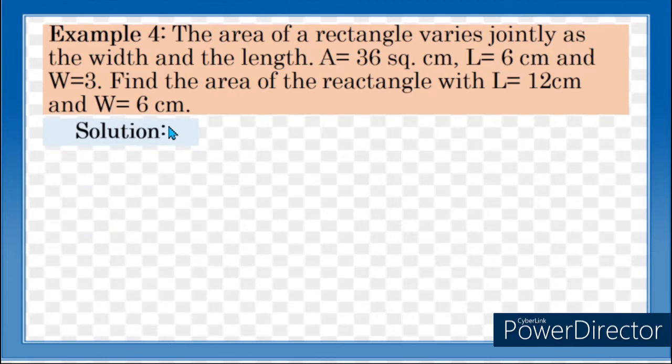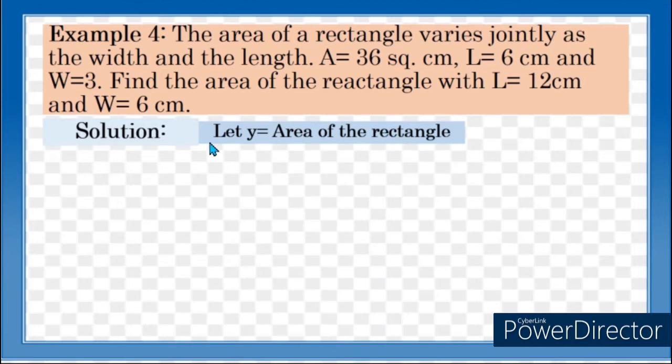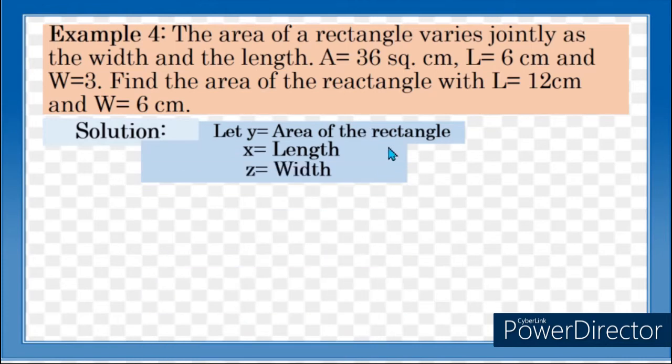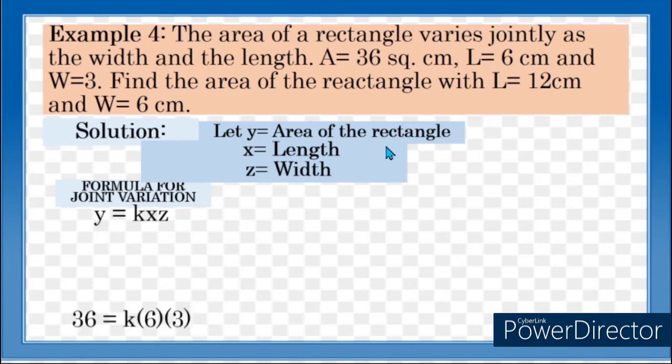First, ang gagawin po natin, let y be the value of the area of the rectangle, x the value of the length, and z the value of the width. Okay? So now, ulitin ko lang, the formula for finding the joint variation is y is equal to kxz. Substitute po natin.